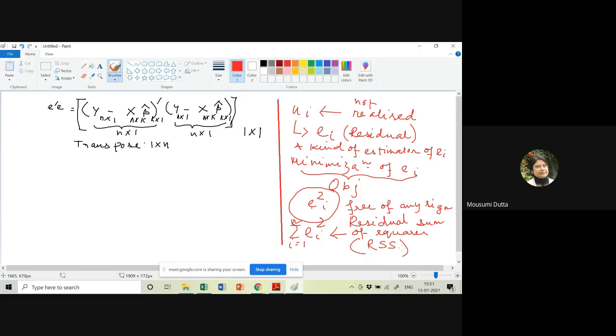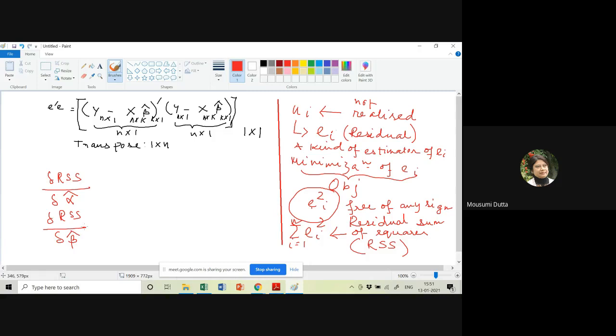In a two variable case, we minimized RSS.